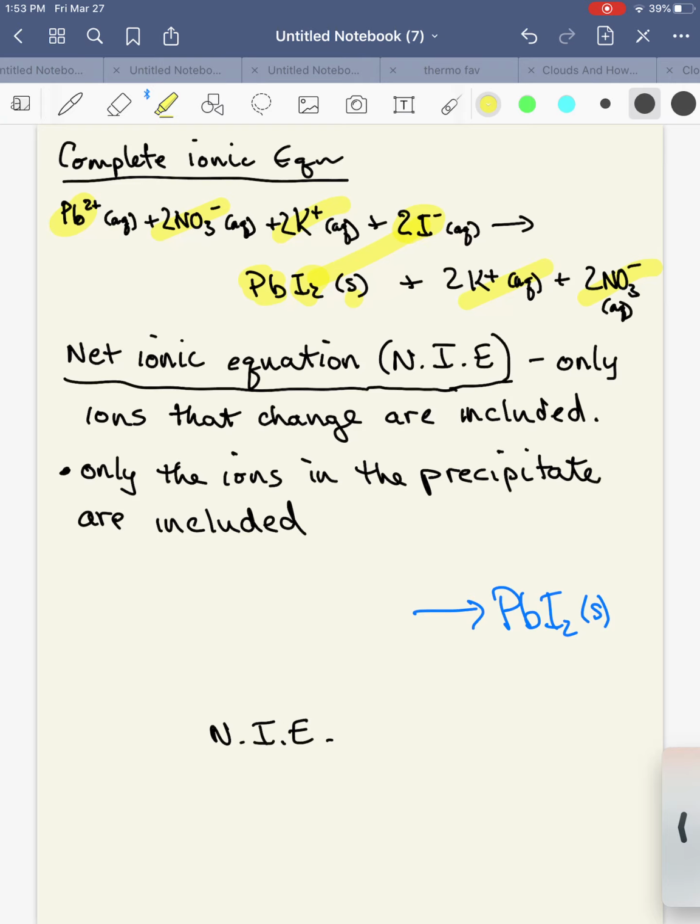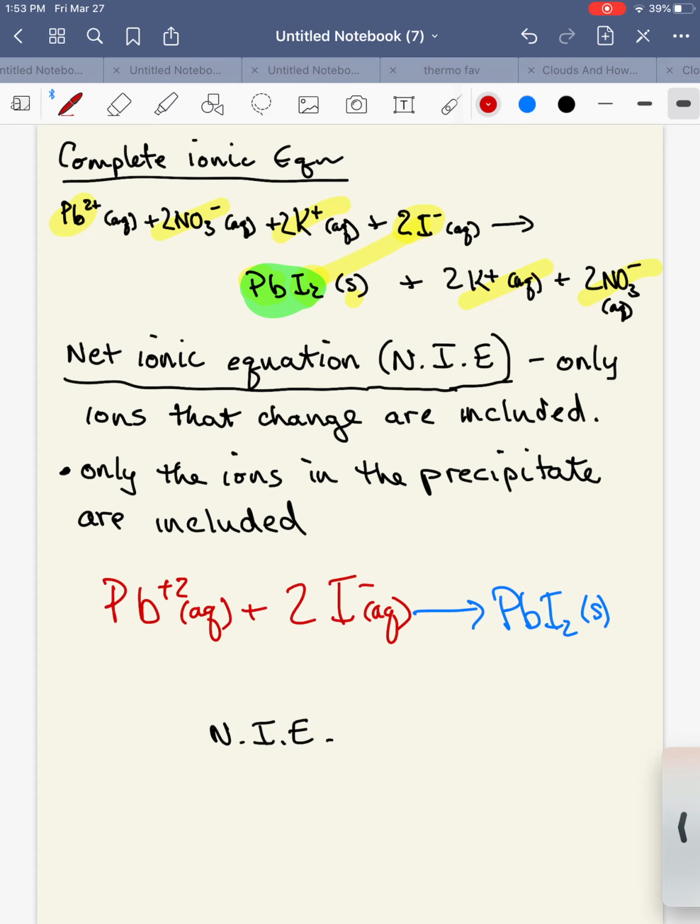So only, let's change that, what makes the lead iodide is what we're concerned about. So we'll have Pb2+ plus 2 I-, making the PbI2. And there we have completed our net ionic equation. So really that's all there is to it. When I'm doing this, I look for the one that's the solid and break it apart to make my net ionic.